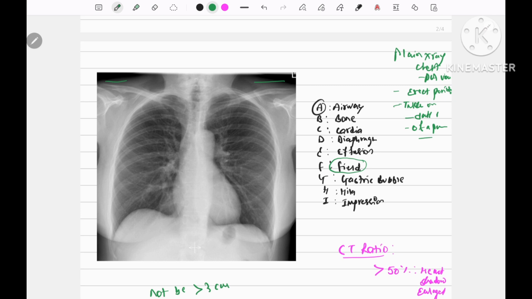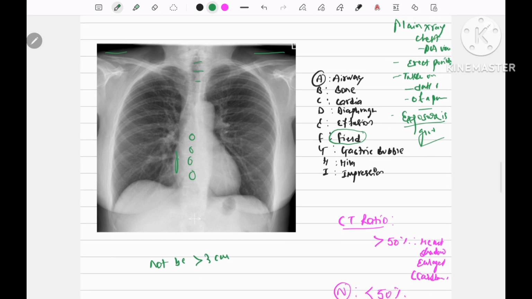The exposure is good. I have explained about under exposure or poor exposure, and this is good exposure. I can clearly see the vertebra under the heart, and bronchovascular markings can also be seen under the heart. So the exposure is good.